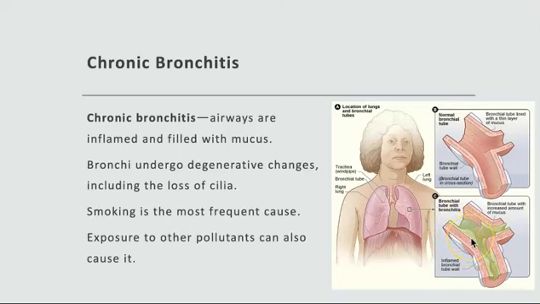And if we are not able to move it, then this mucus kind of stays in place. We've also talked about how smoking is a frequent cause of that cilia being diminished as well, and so it could lead to chronic bronchitis. There are some pollutants that can also cause this disease to continue to be chronic.